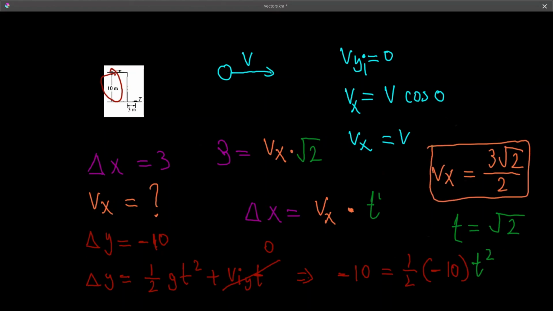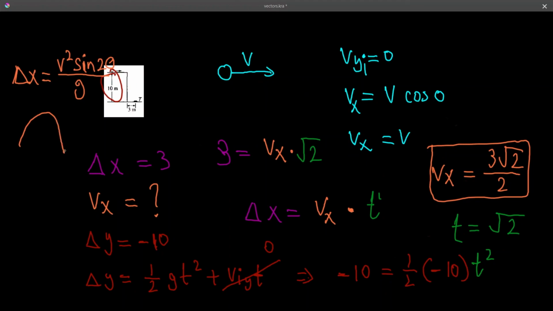Note that you cannot use the other formula in this case, delta x equals v squared sine of 2 theta over g, because the path that this projectile is going to take is not a perfect parabola.